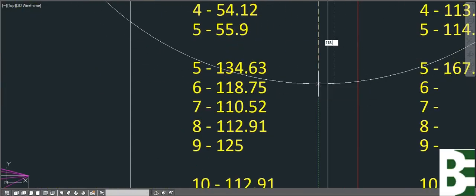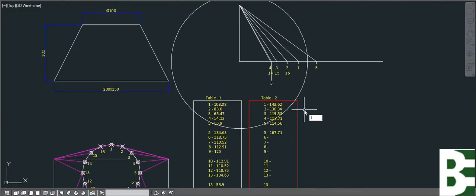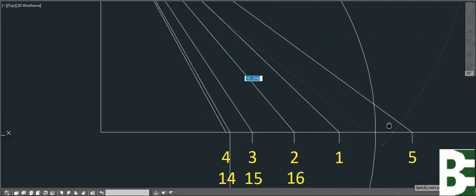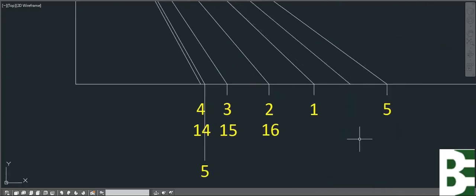Draw a radius for number 6, 118.75 from the corner. Now draw a line from the top to this point. This is my number 6.